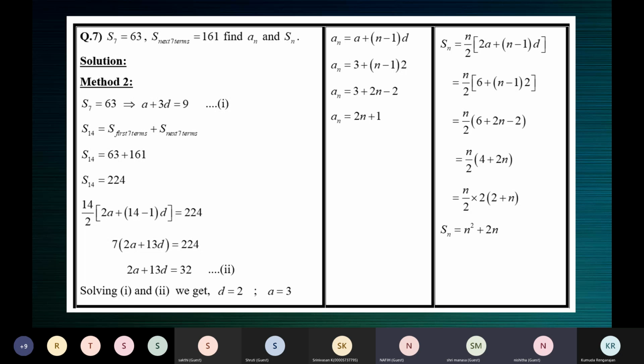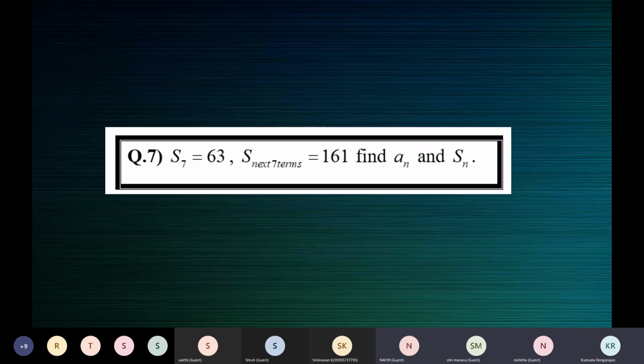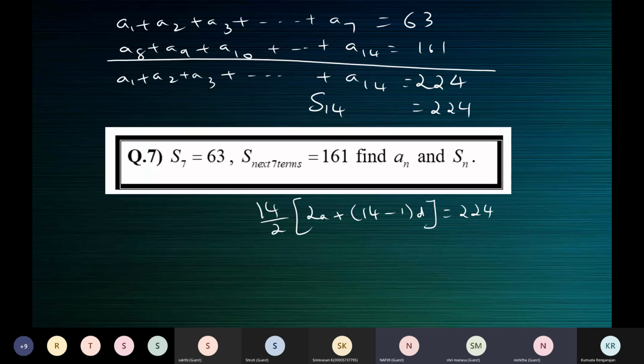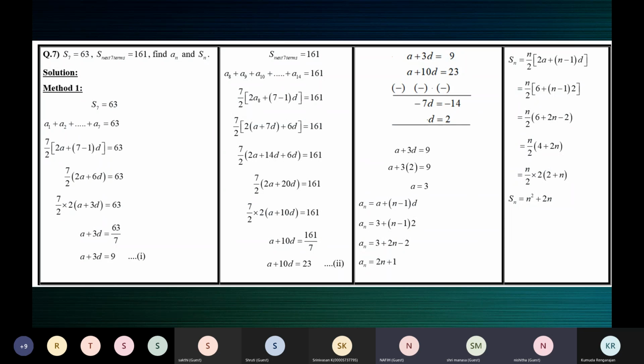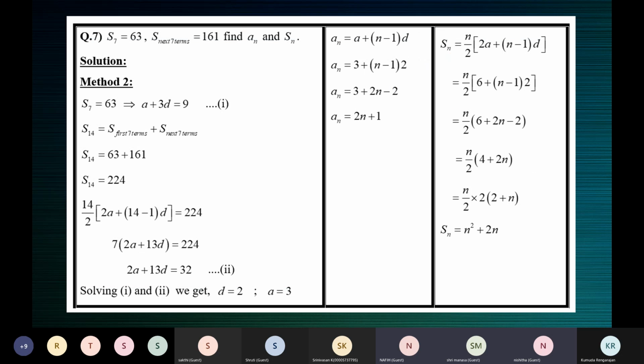All right, let me show you this one also. If you want, you can just take a picture of this one. Take a picture of this one also. Method 1. Method 2.